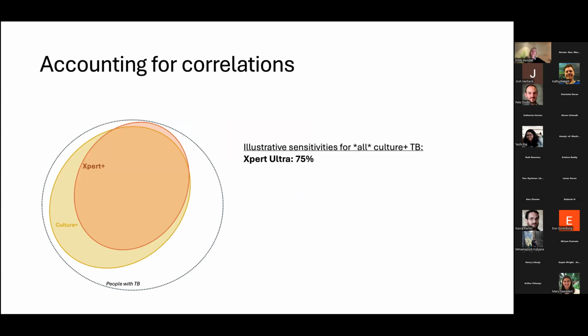And switching now to a different way of visualizing these relationships, instead of thinking about where disease lies along the disease spectrum, thinking more about using Venn diagrams to illustrate correlations between different tests and just what proportion of all people with TB different tests are detecting and how that overlaps between different tests.